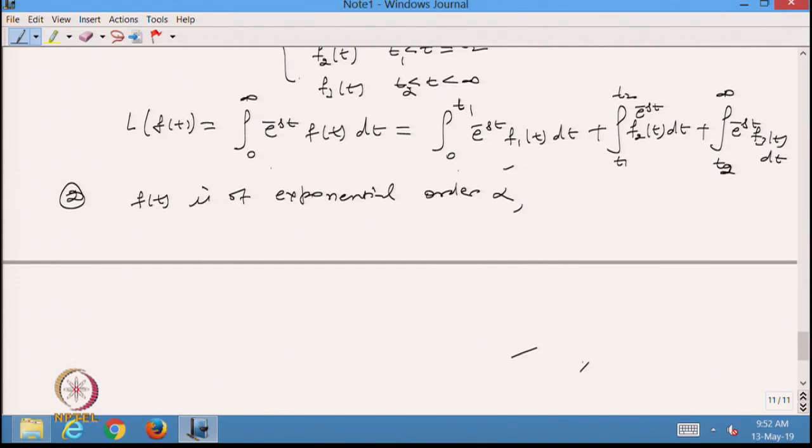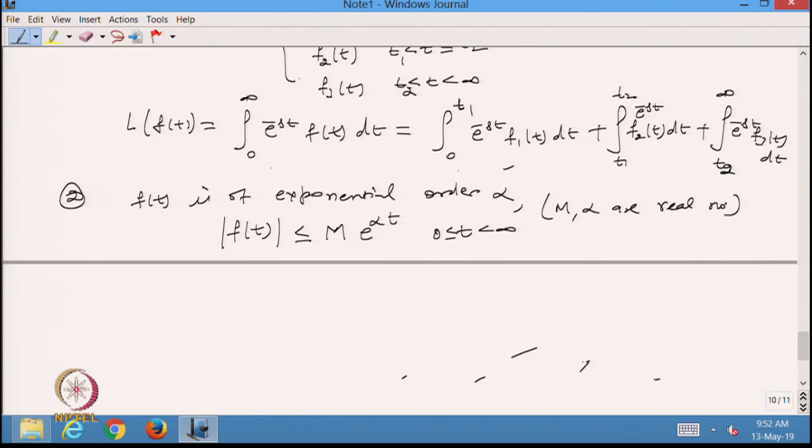If I am able to write my function f t, suppose the value of this is always less than some constant m e raised to power alpha t for all t, or sometimes we are unable to take this. So, m and alpha are real numbers and positive.